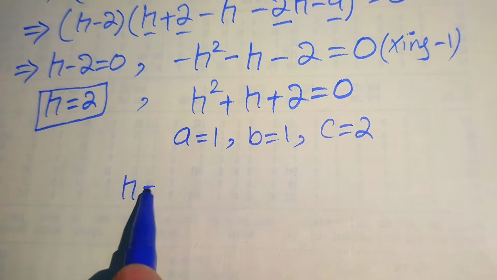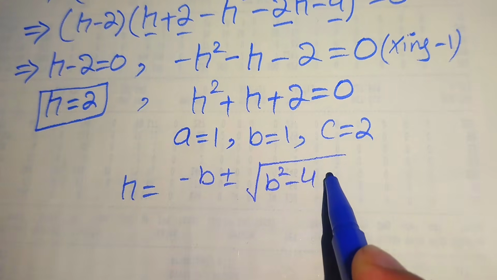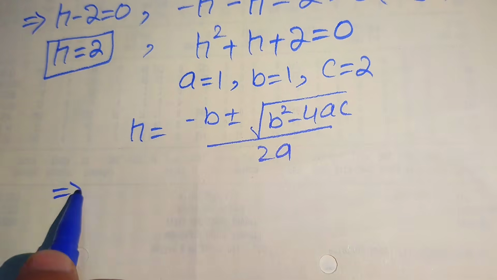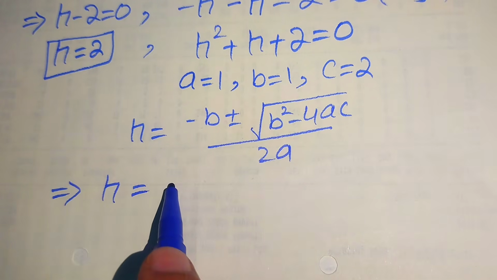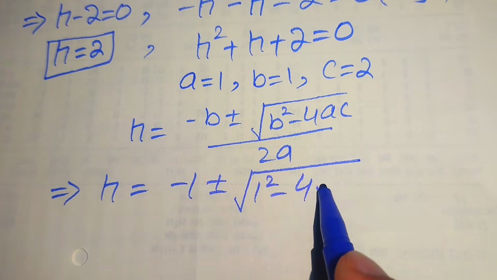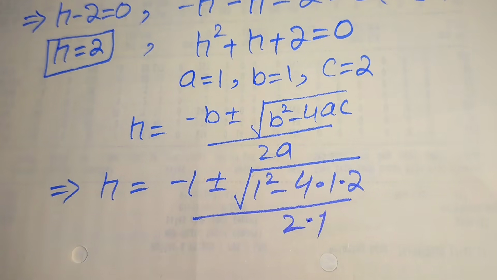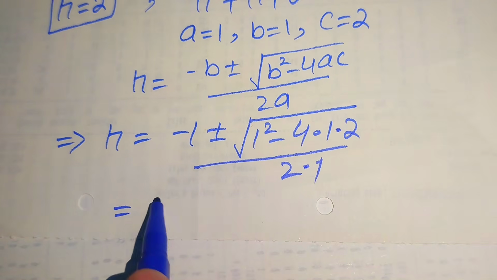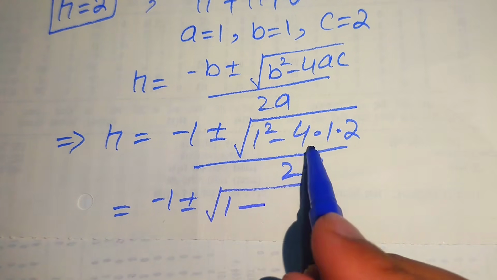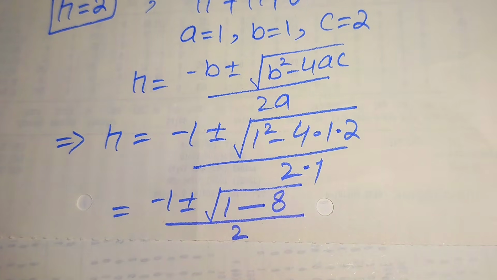We state the quadratic formula as h is equal to minus b plus minus square root of b square minus 4ac, divided by 2a. Substituting all the values of a, b, and c, it will be written as minus 1 plus minus square root of 1 square minus 4 times 1 times 2, divided by 2 times 1, so we have 1 minus 8 divided by 2.